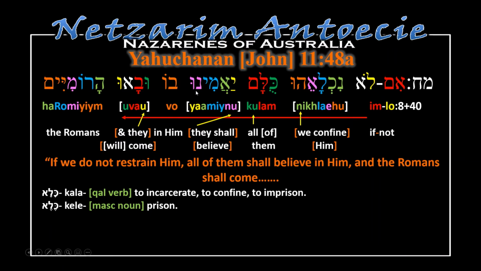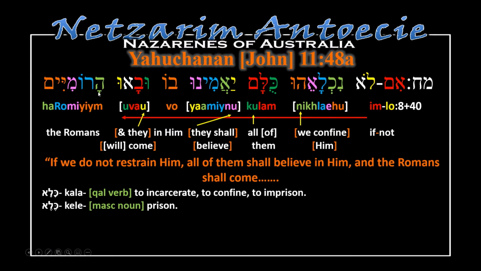And then we have amin, meaning to believe, and the u is they. They shall believe. Vo, meaning in him. U va'u, and they will come. Right, so we know that va'u means, va means to come, so and they come. It could be translated as and they come, or they will come.